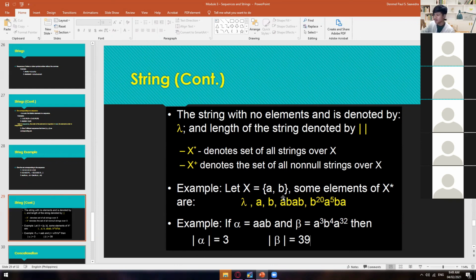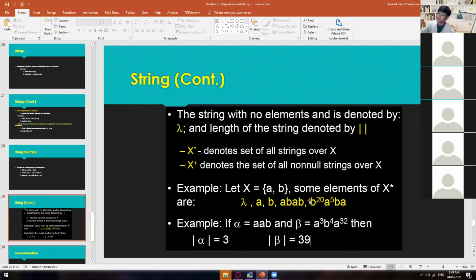So maybe you're wondering where this one came from, or where those two came from. Actually, it's just an exaggeration. This one is the set of all strings over x, so we could say that it has no limitation.